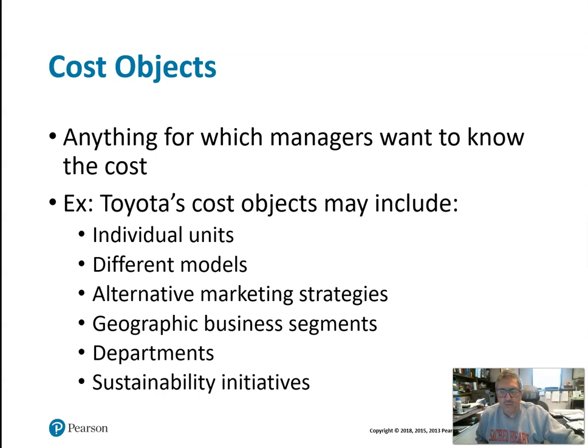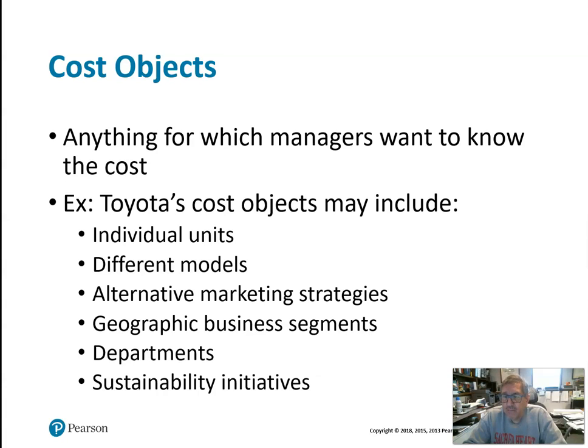That is the lens that the company is looking through, the perspective that the company is taking when it's considering the cost that it's trying to analyze. So you can see from the slide that a company's cost object or perspective can be very different. In this case, the text in the slide is using Toyota as our example.